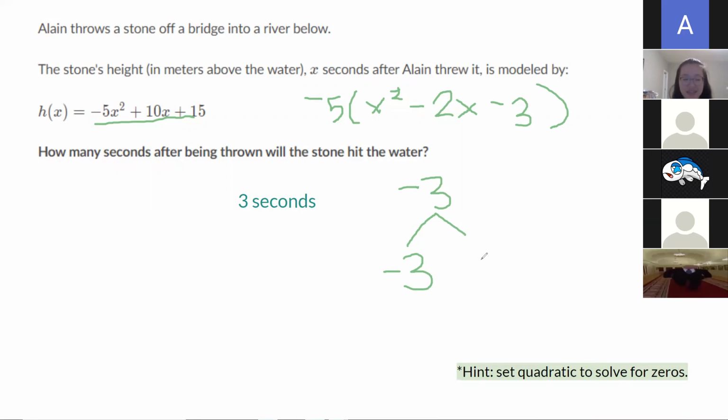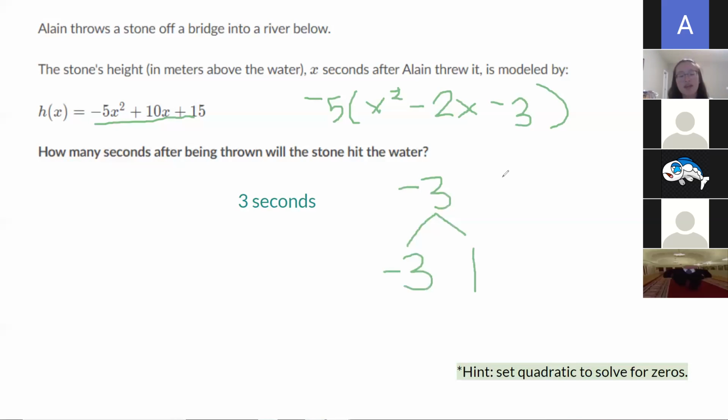It's not that bad, it's not that hard. 1. Yeah, so it's 1. What is negative 3 plus 1? Negative 2. Good. So that's how you find your factors.